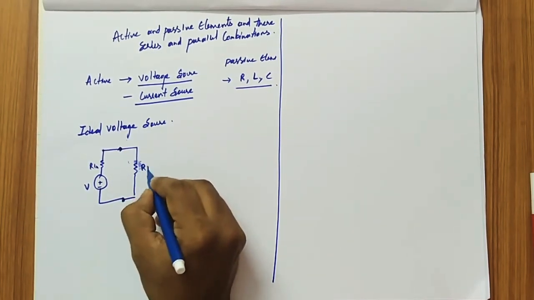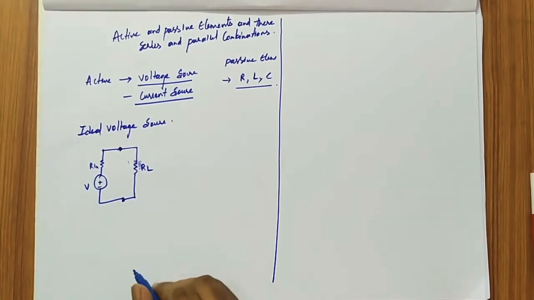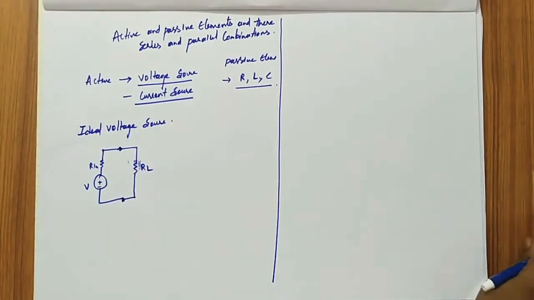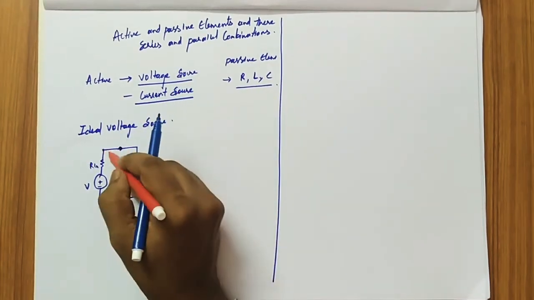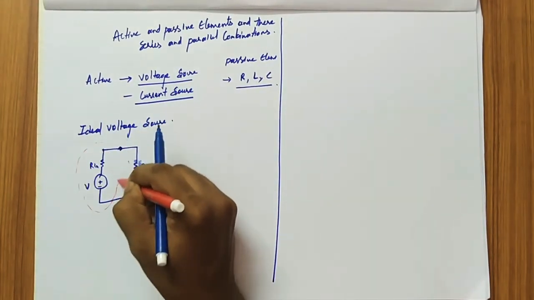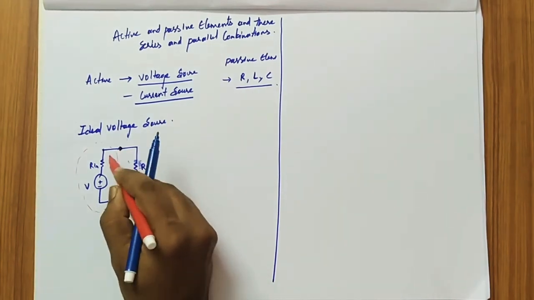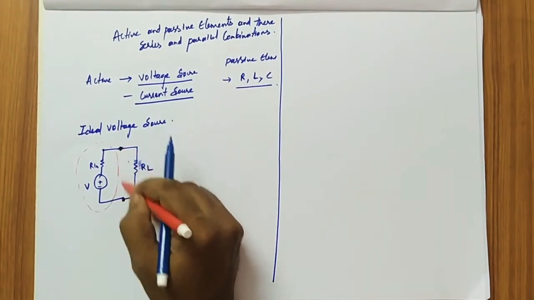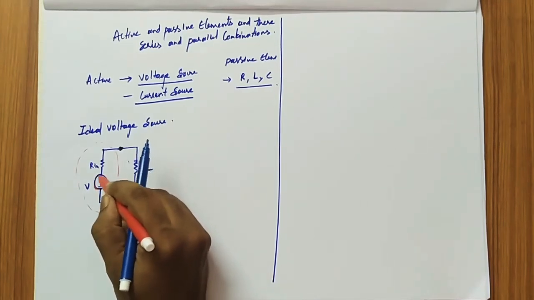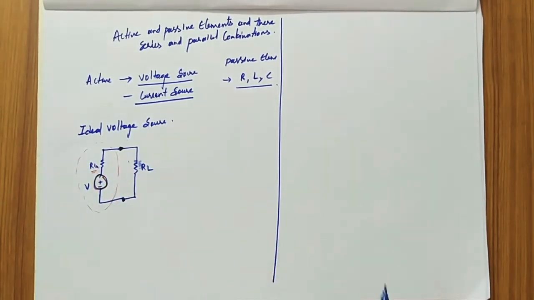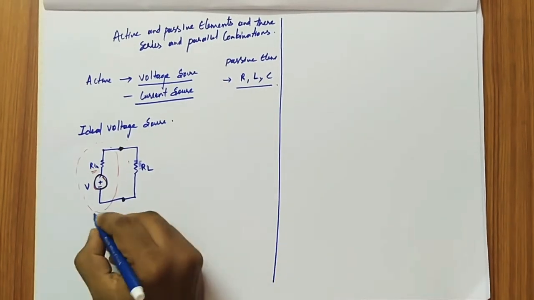We'll say this is RL. This entire thing has an input terminal and an output terminal. For the input terminal, this is a voltage source in series with a resistance. This is called a practical voltage source.